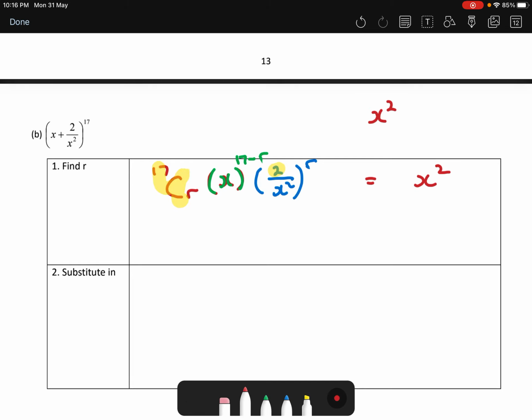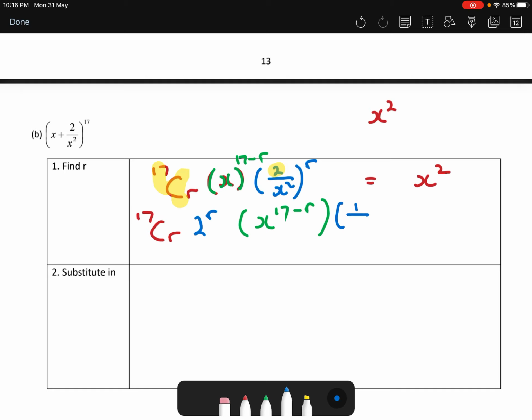Before that, let me put the numbers on the left hand side first. For the blue bracket, you put a 2 to the power of r right here. Then the green bracket, we put x to the power of 17 minus r, then 1 over x squared.